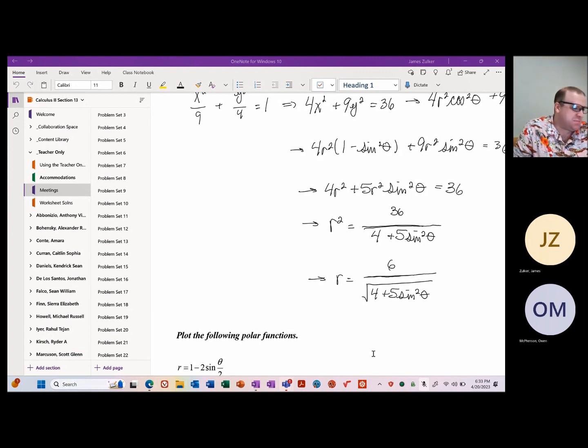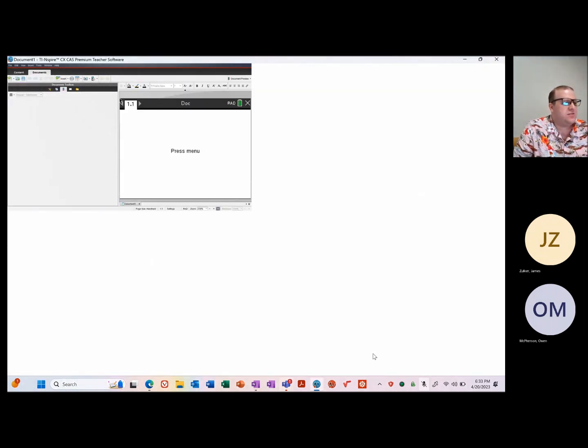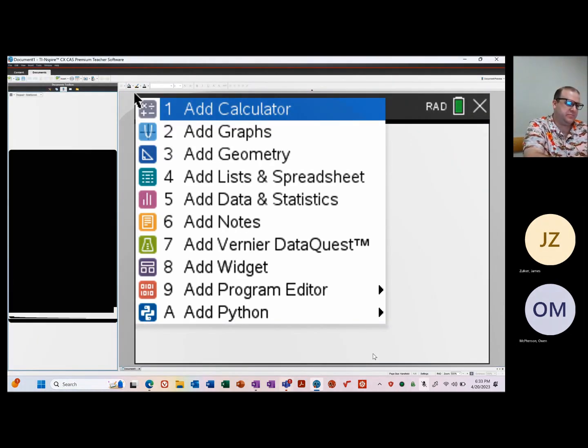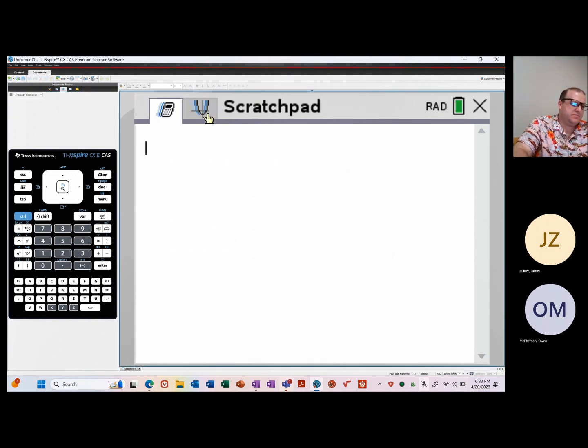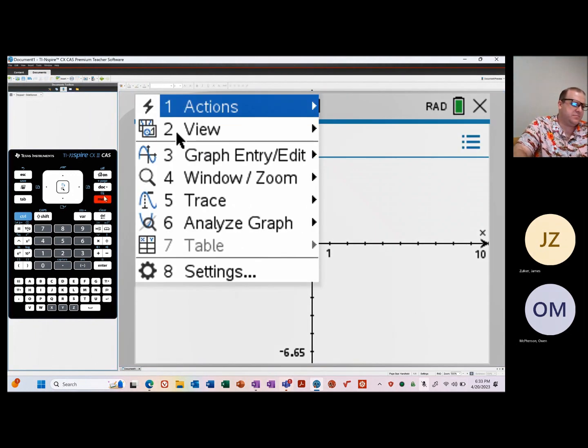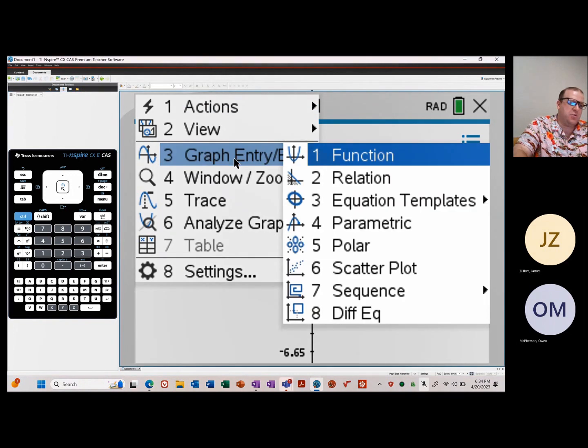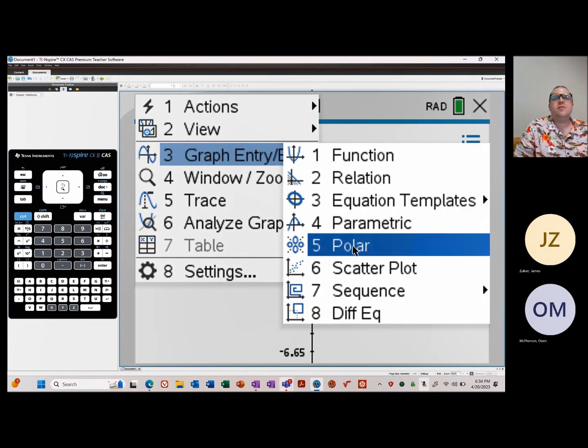If you have the TI Nspire CAS, you do not need to worry about that. Entry mode. Number 5 gives you polar.